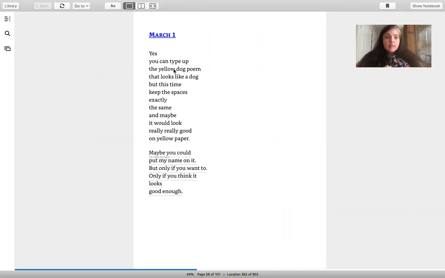Well, it looks to me like Jack's teacher has decided to type up his poem again, and this time he wants his name put on it. He wants his name put on the poem. He was embarrassed before. He didn't want anybody to know what he wrote. So he said, can you leave my name off? This time he wants to include his name.